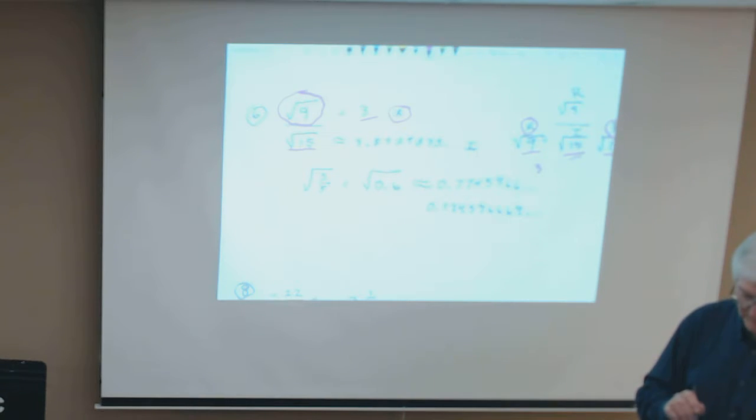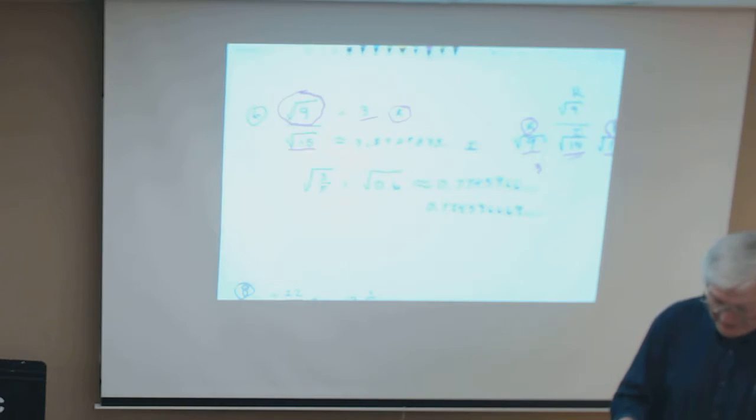If you took 3.8729833 and hit times 3.8729833, you won't get 15. You'll get something close to it, but that's why it's not a rational number. It doesn't come out exactly that. It's an approximation. And that's how you can check these things with your calculator to see if you've got an approximation or the real thing.